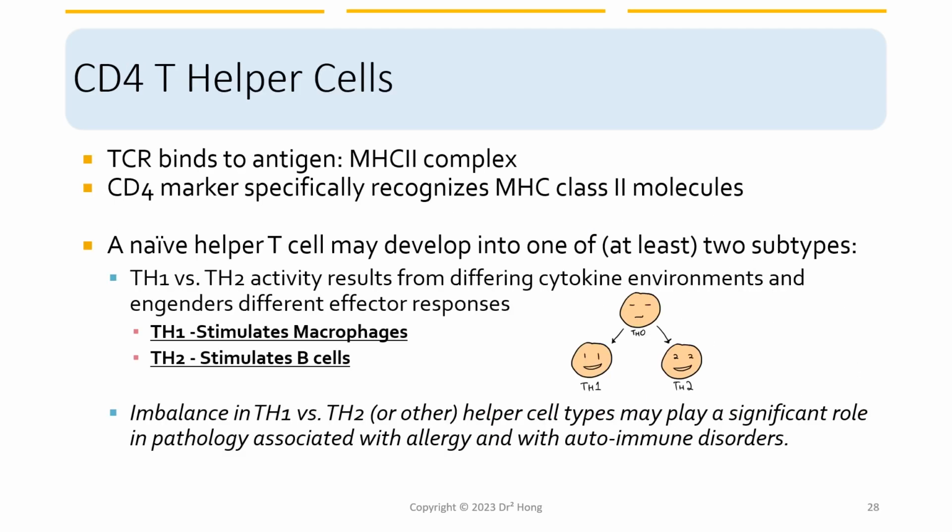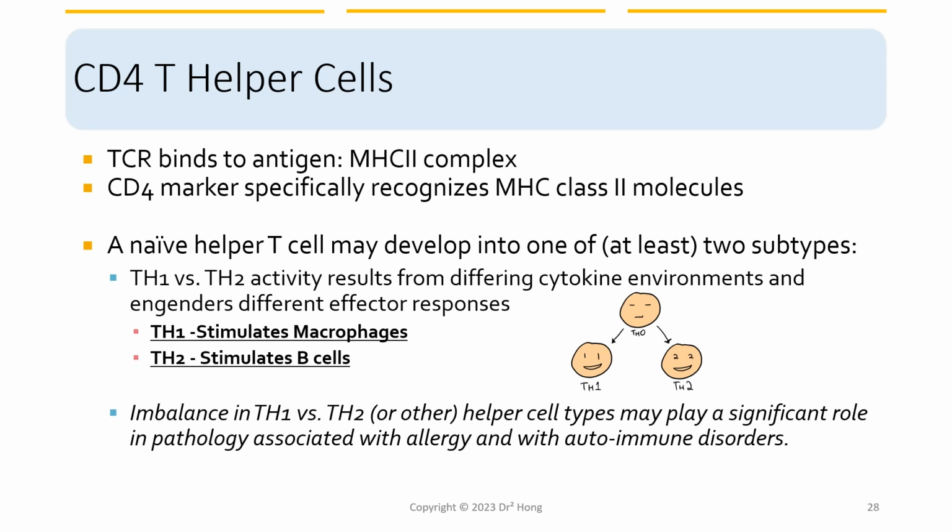So the basic mechanisms of antigen processing are pretty similar between the different pathways. The extracellular antigen is going to be engulfed by antigen presenting cells and broken down into peptide pieces and presented via MHC class 2 on the antigen presenting cell surface to CD4 T cells.